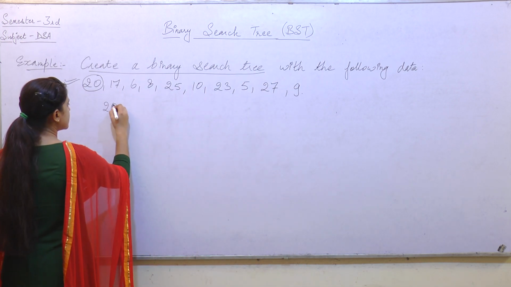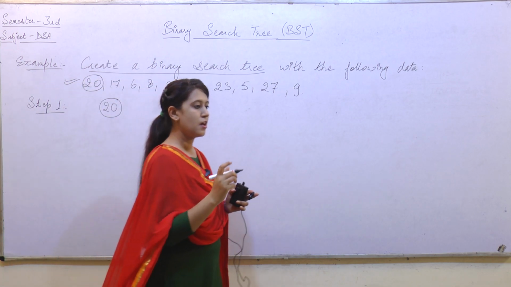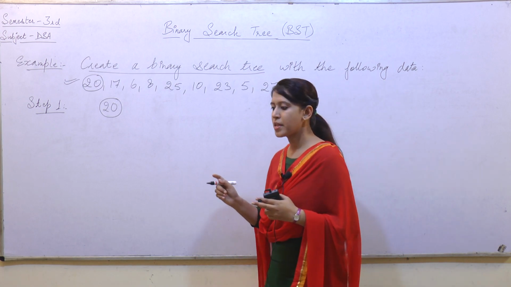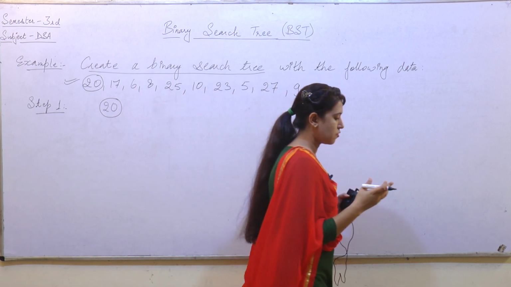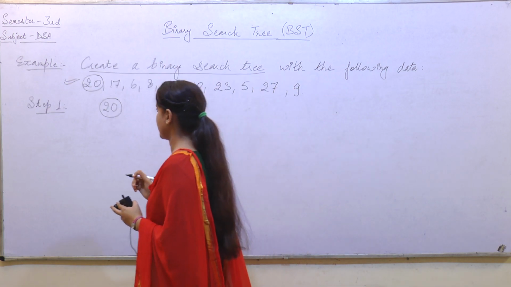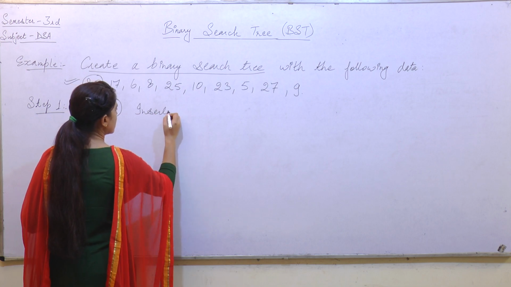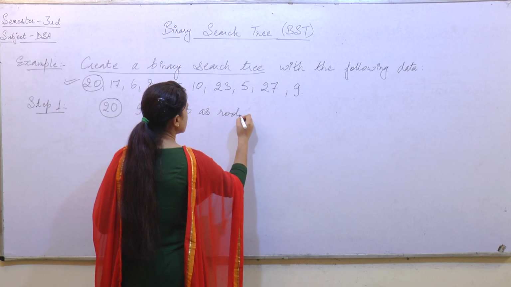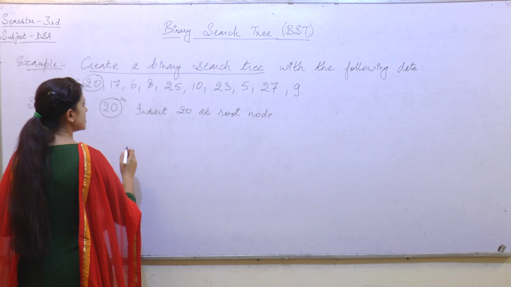So let's take 20 as the first node. Since it is the first node, and we will use other data elements to create further nodes, we consider 20 as the root node. Insert 20 as root node. So here 20 becomes our root node, that is n.